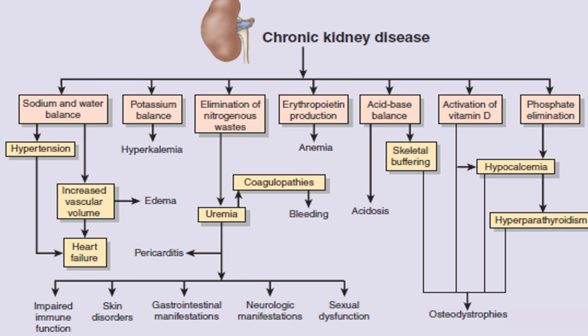In chronic kidney diseases and disorders, all balance and all metabolism are disturbed, as in the acute form: sodium and water metabolism balance, potassium balance, elimination of nitrogen elements, erythropoietin production, pH, activation of vitamin D, and phosphate elimination disorders.